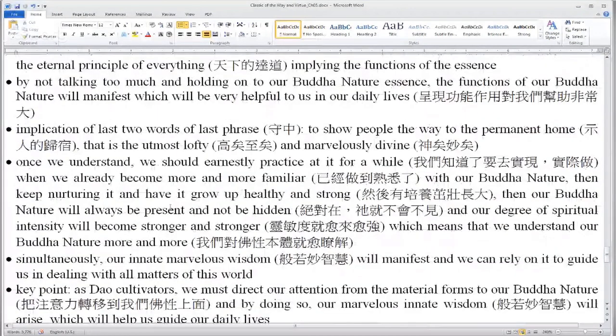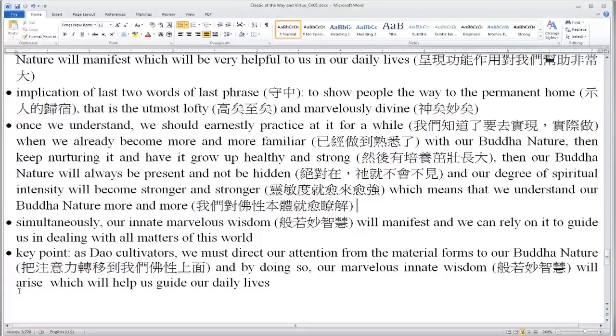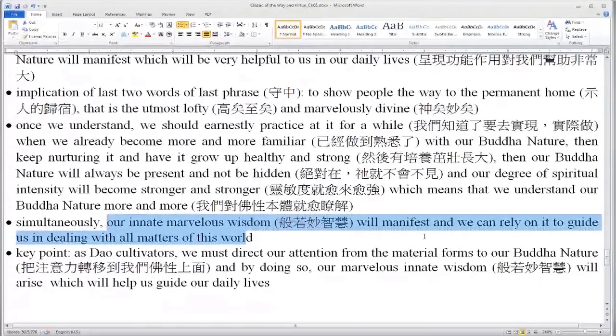So simultaneously, when we can do that and practice this well for a while, our innate marvelous wisdom, 般若妙智慧, will manifest and show itself, and we can rely on it to guide us in dealing with all matters of this world.